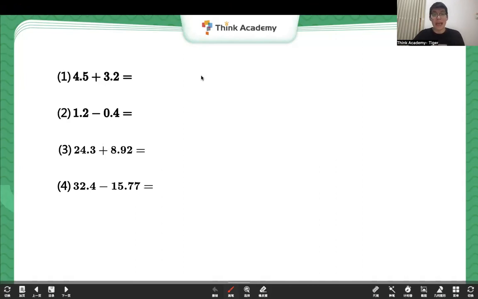So in addition and subtractions of decimals, the only thing you need to remember is to align the decimal point when you are doing the addition and subtractions. For example, 4.5 adding 3.2, we just write it like that.